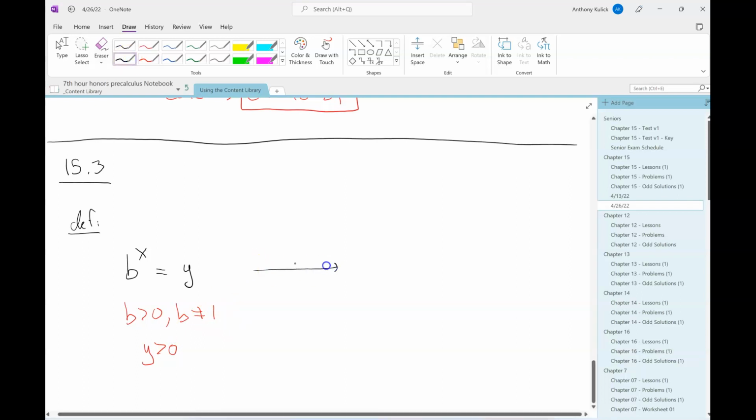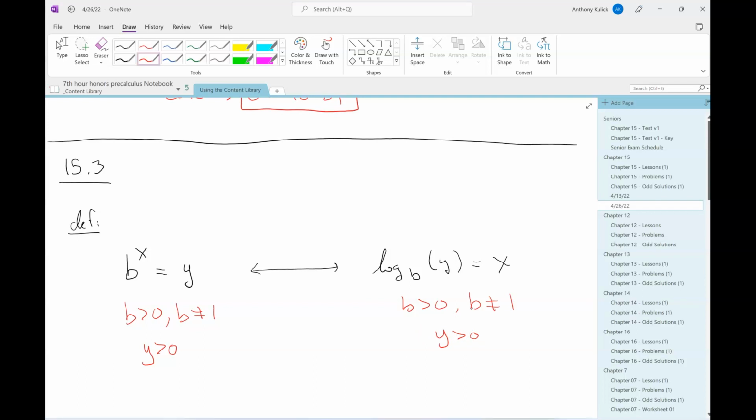Our standard definition for a logarithm says that I can rewrite this exponential equation as a logarithmic equation. And because these two equations are equivalent, everything that we knew about the exponential equation is also true for the logarithmic equation.